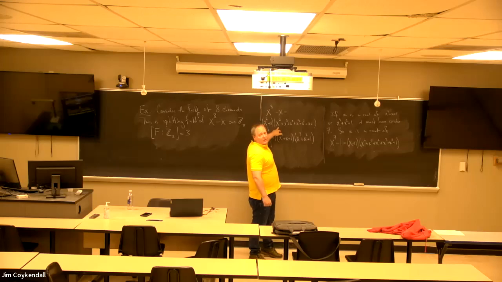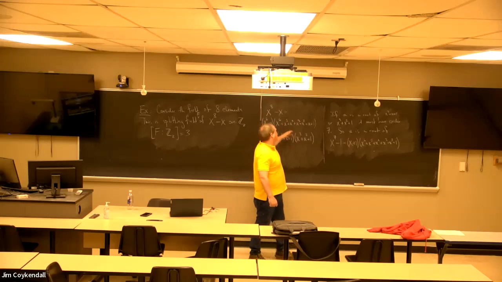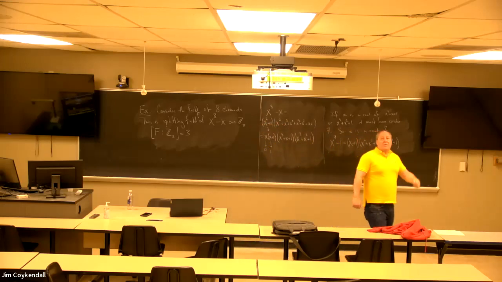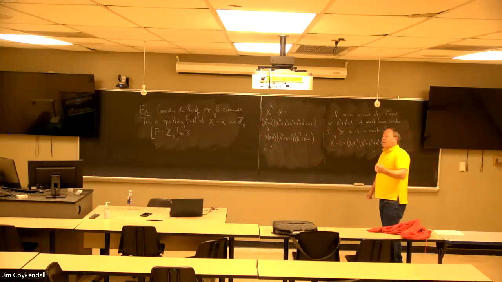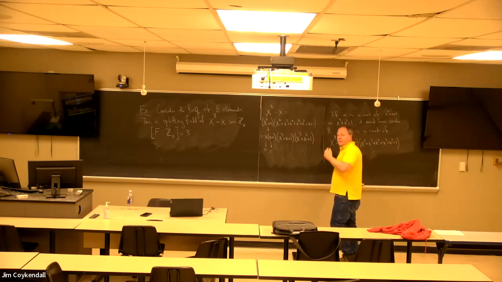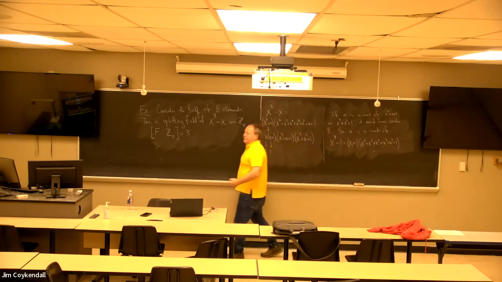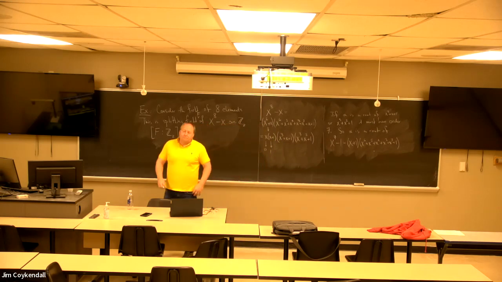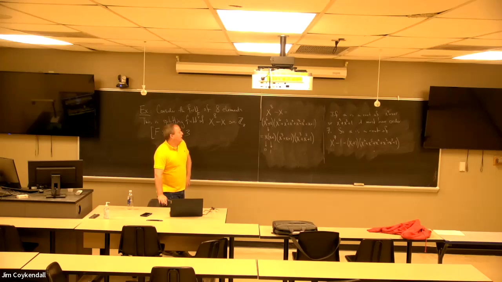For the field of 16 elements, the polynomial would be of order 15, and it would be the 15th roots of unity. So there'll be some things that have order 15, some things that have order 5, and some things that have order 3. Okay, any questions on that?